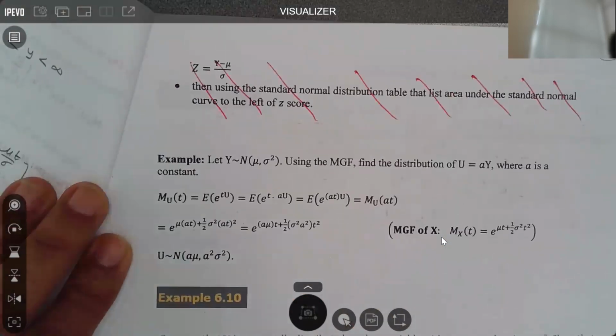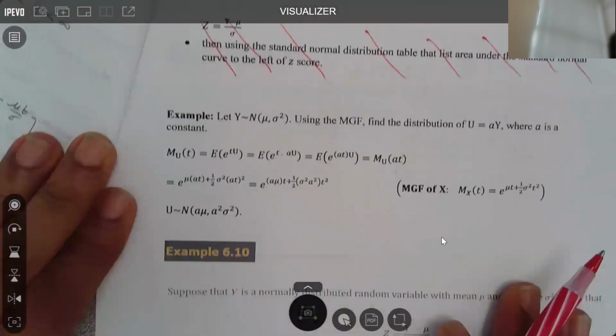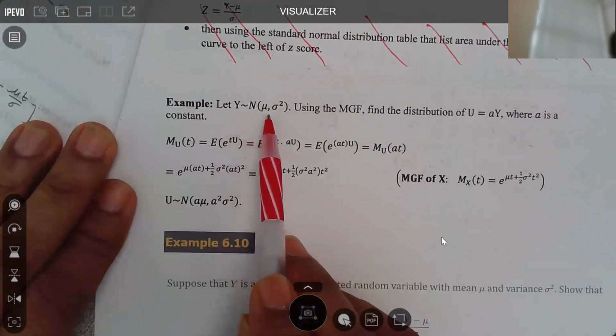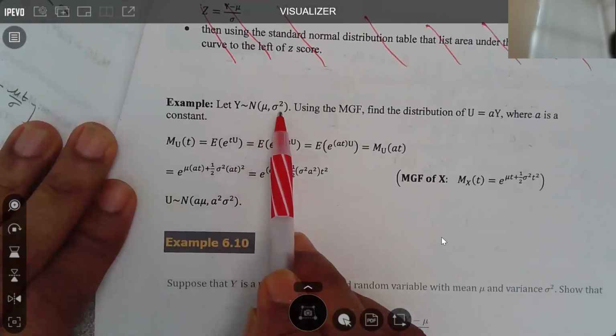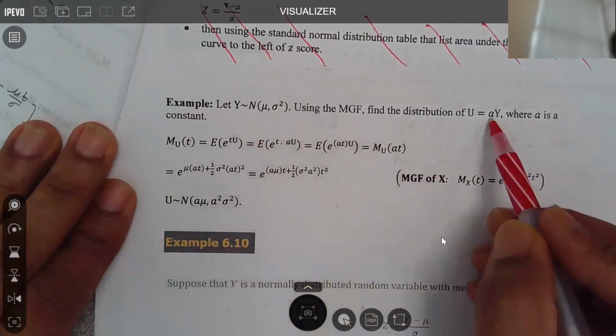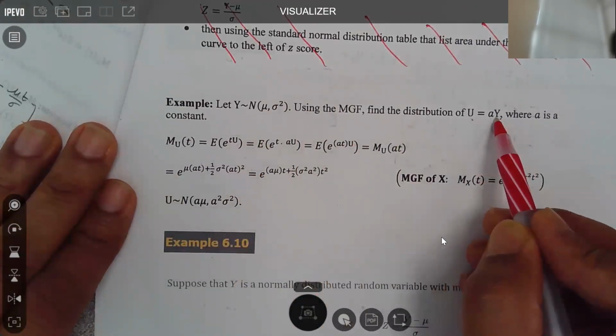Now here you see an example. Y is distributed normally with mean mu and variance sigma squared. Using the moment generating function, find the distribution of aY.